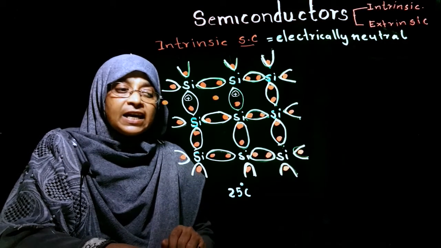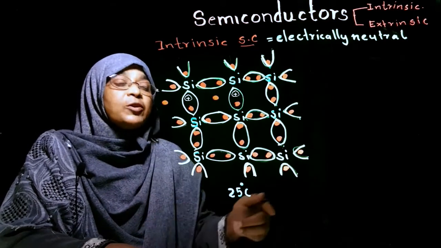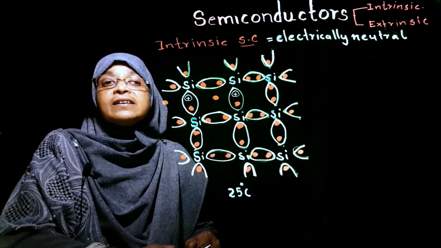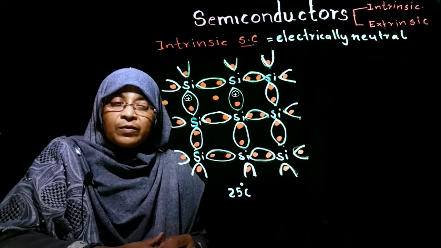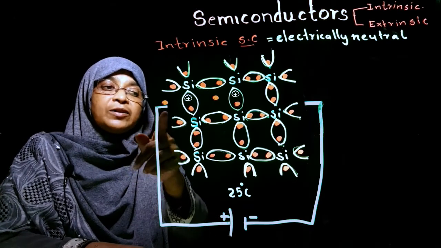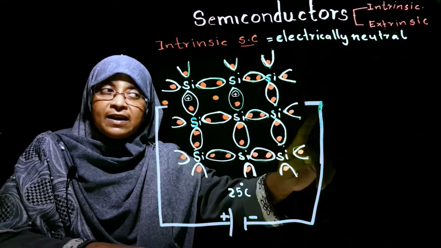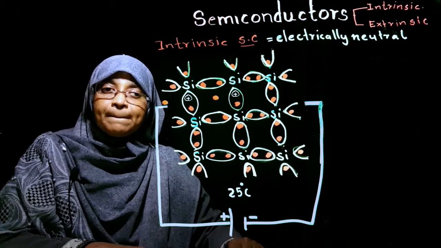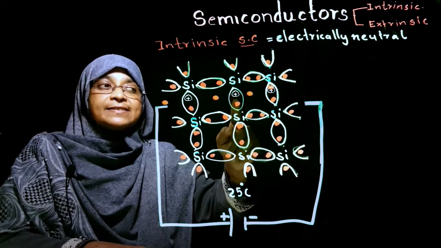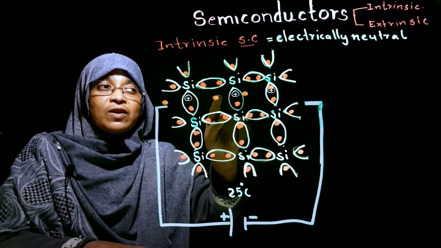Now let's see what happens when an external potential difference is connected to this intrinsic semiconductor. Now I have connected the positive terminal to this side and the negative terminal to this side. Now you can see what's happening. At the end of the negative terminal, an electron is released, a hole forms, and the free electron runs towards the hole.